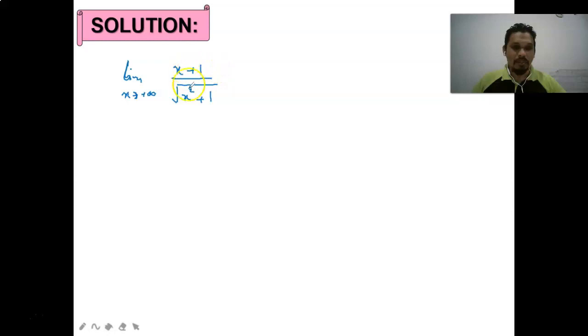Because we have the square root of x squared here, we are going to divide each term by the modulus of x, or absolute value of x.